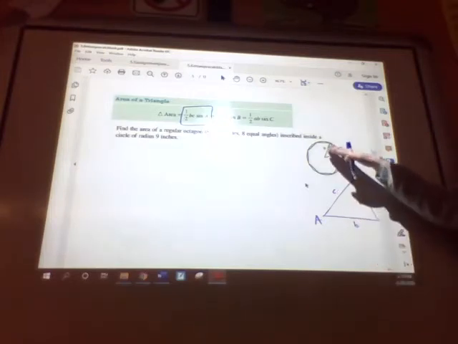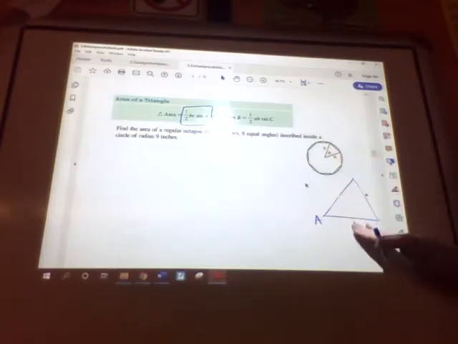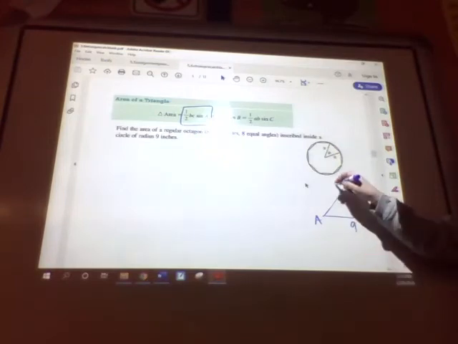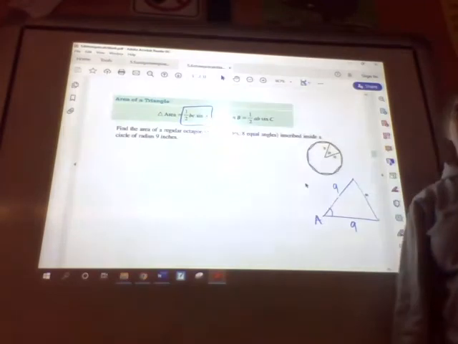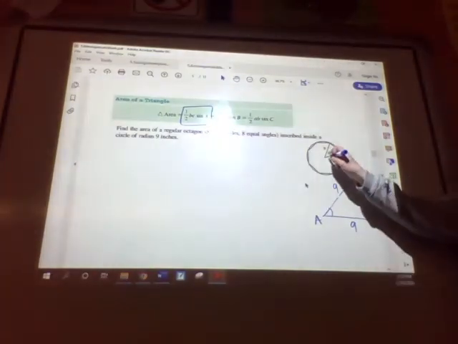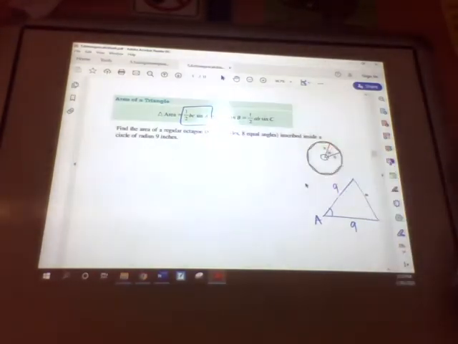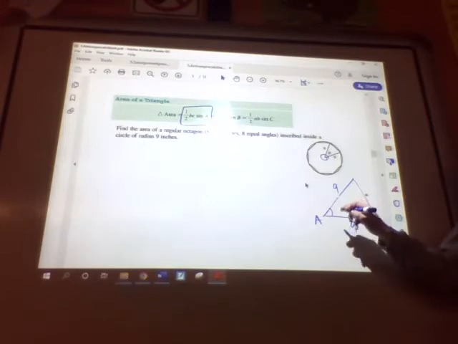So that means that those are both 9 and 9. But then we have to find this angle measure, and that is by the fact that it's a regular octagon. So all of this is 360 degrees, but there are 8 pieces of 360 degrees. So what is the measure of angle A? You can do that. 360 divided by 8. Yes, it is 45. Hey, 45, look at you.